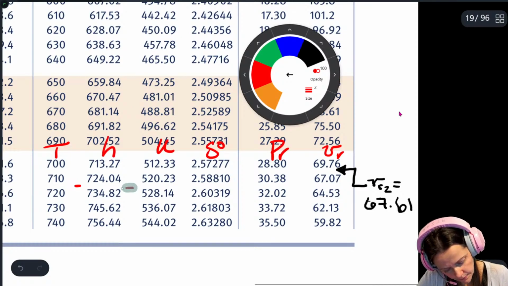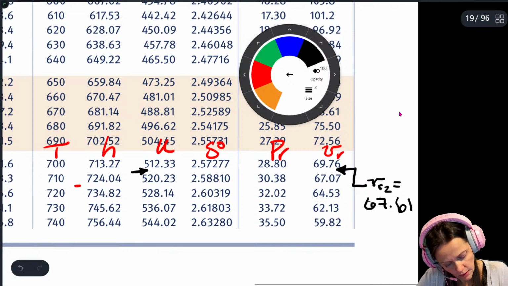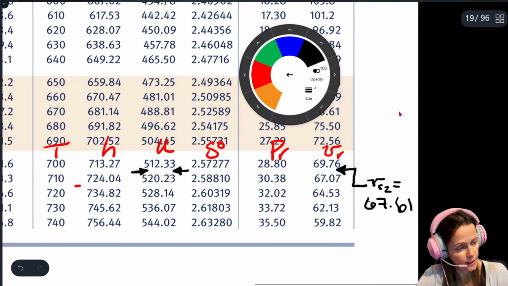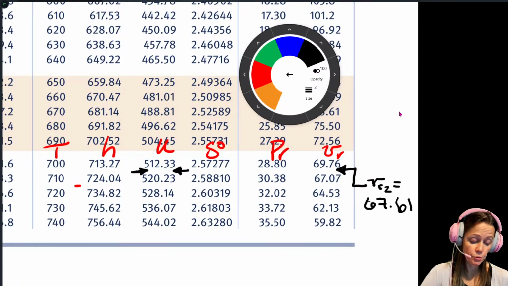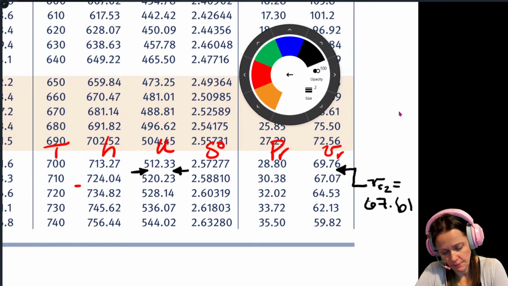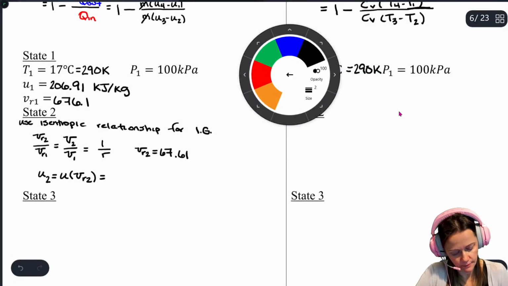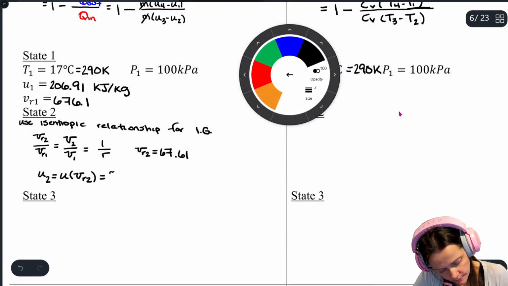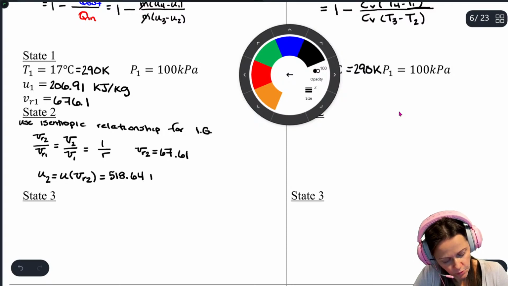All right. So apologies. That would be between those guys, wouldn't it? So between 512 and change and 520, and I've got 518.64. That looks better. So 518.64, and that's kilojoules per kilogram.